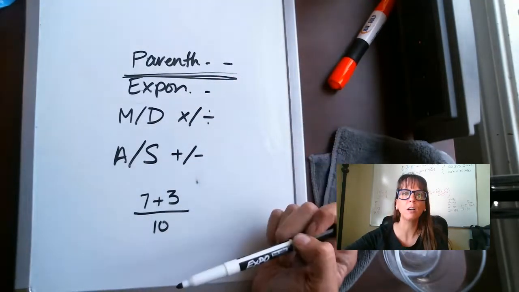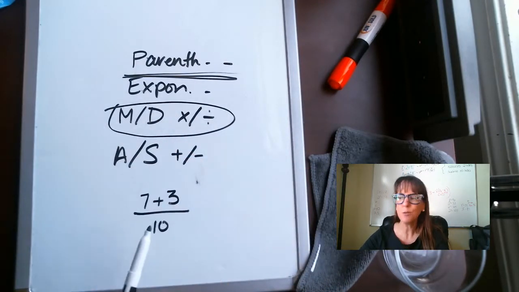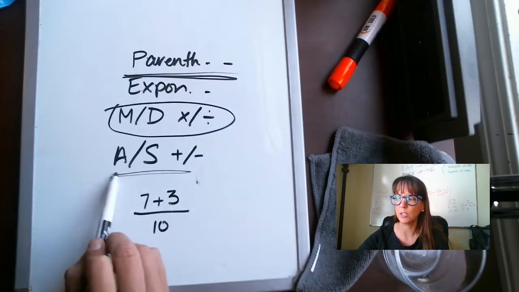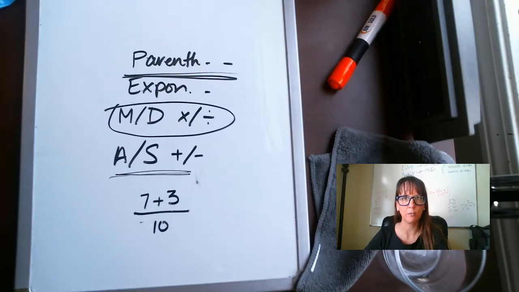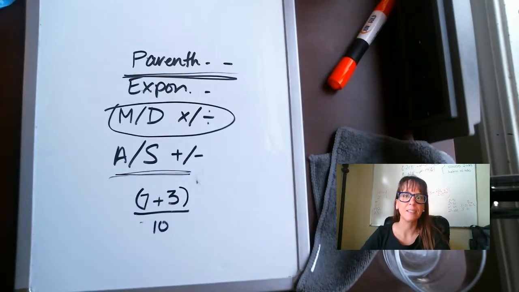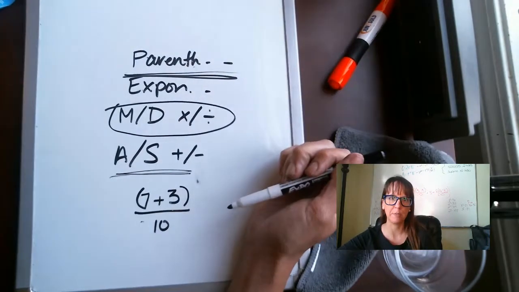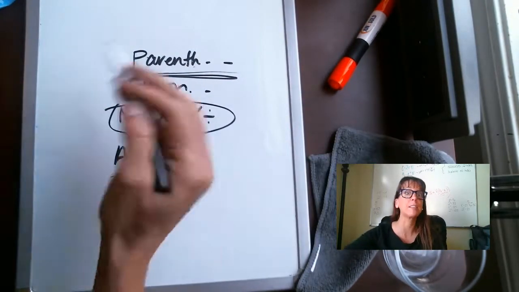According to our order of operations, we need to do multiplication and division first, but I can't do that until I do this addition subtraction, right? I need to do that part first. This is called an implied grouping or parentheses, okay? Implied parentheses, implied grouping. So when I think about our order of operations, I often think grouping should be in here instead of parentheses.